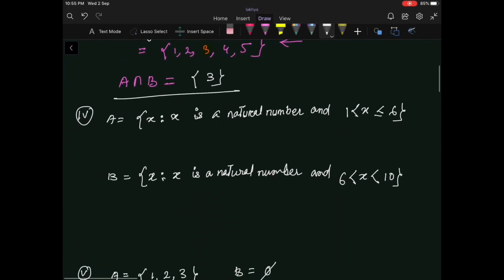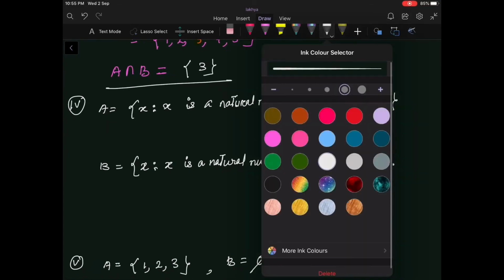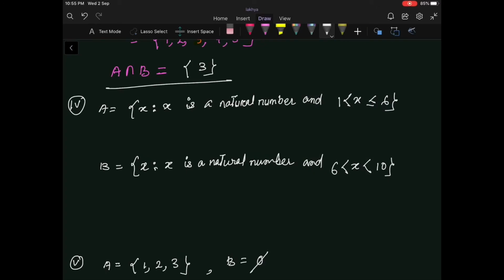Now the next pair. Set A is a set of x such that x is a natural number where x is greater than 1 and less than or equal to 6.